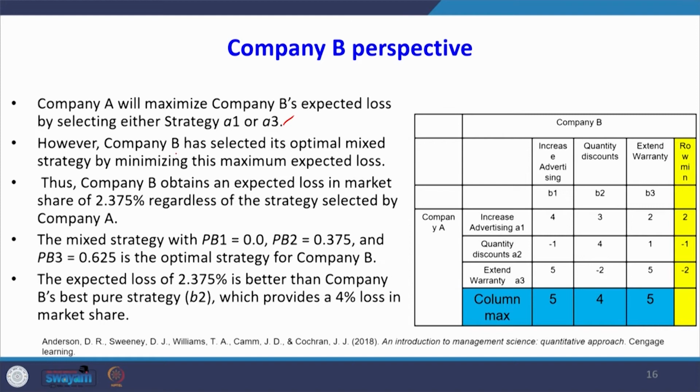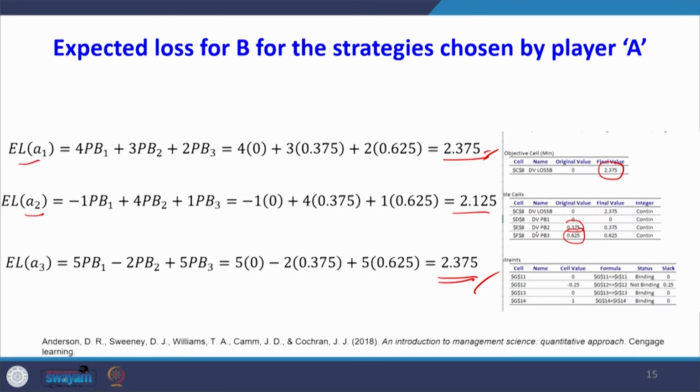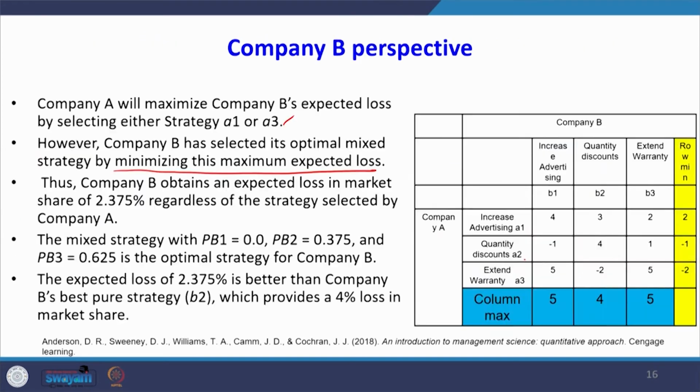However, company B has selected its optimal mixed strategy by minimizing this maximum expected loss. There are two maximum expected losses, but company B will try to minimize them. How? By playing PB1 0 times, PB2 37.5 times, PB3 62.5 times.